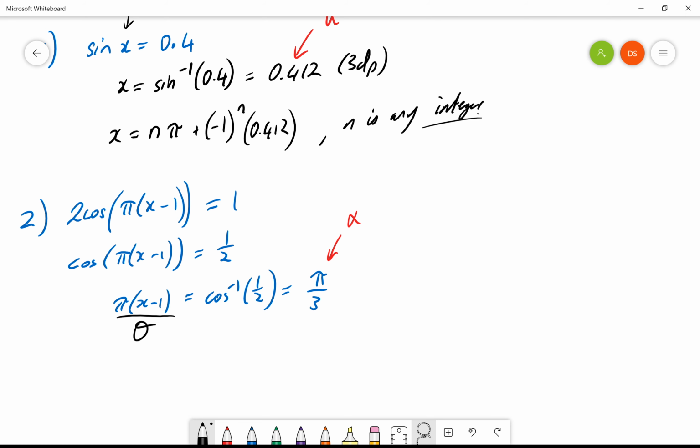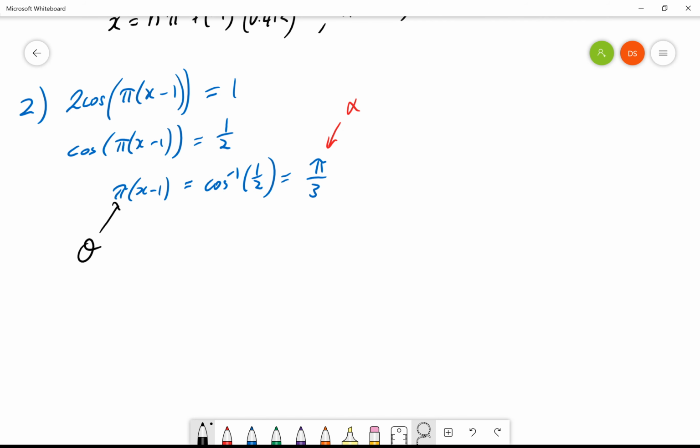Well, maybe I shouldn't put over theta because some of you are confused. So that is my theta. That's my alpha and that's my theta. So I'm going to write it out. And the cosine general solution is theta equals 2n pi plus minus alpha.